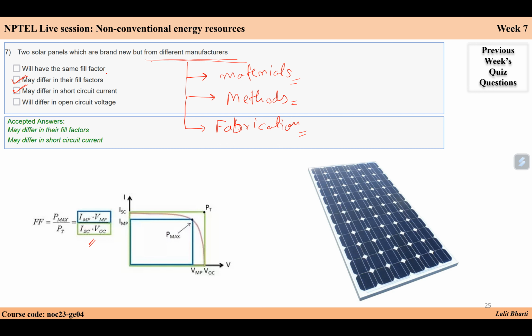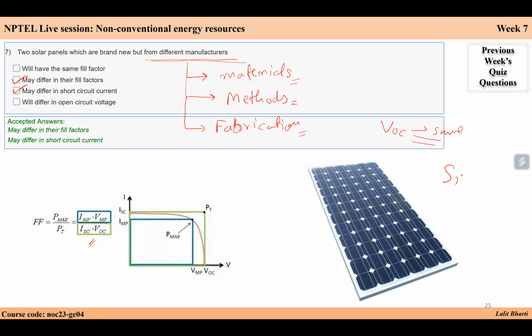We cannot say they will be exactly identical or will have the same fill factor. But their open circuit voltage will be the same. VOCs are the same for all because VOC depends on the type of material.